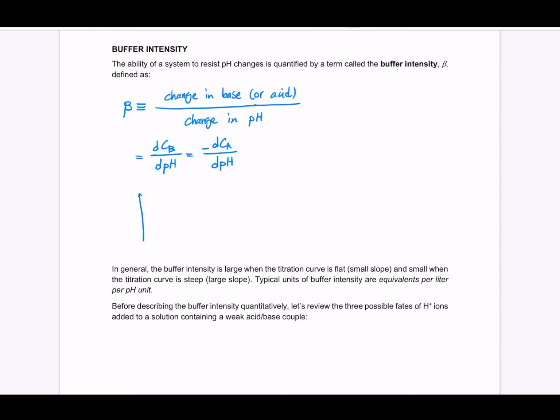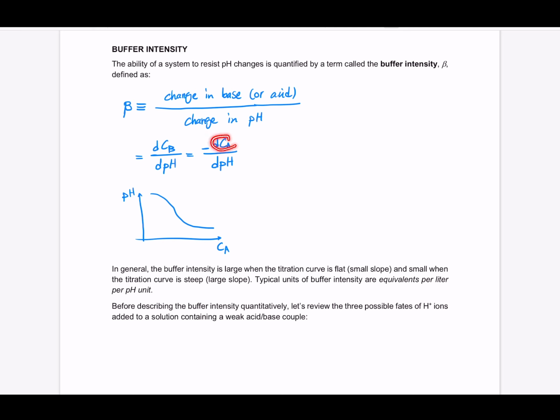So let's go back to the titration curve, Ca added versus pH. We had something like this. What does this mean in the context of the figure? What is dCa over dpH, graphically speaking? Is it the slope or the inverse of the slope? Yep.